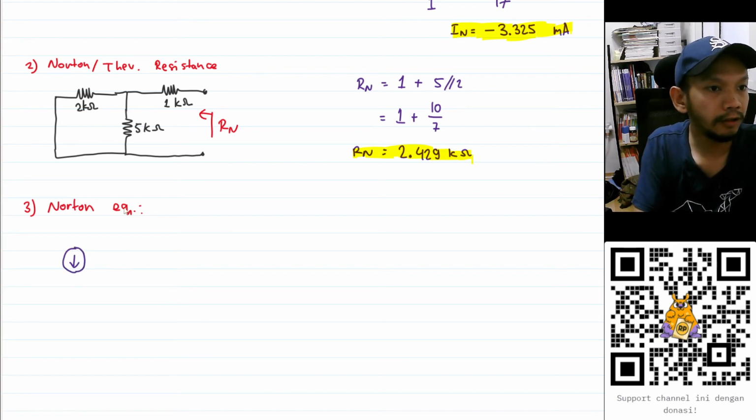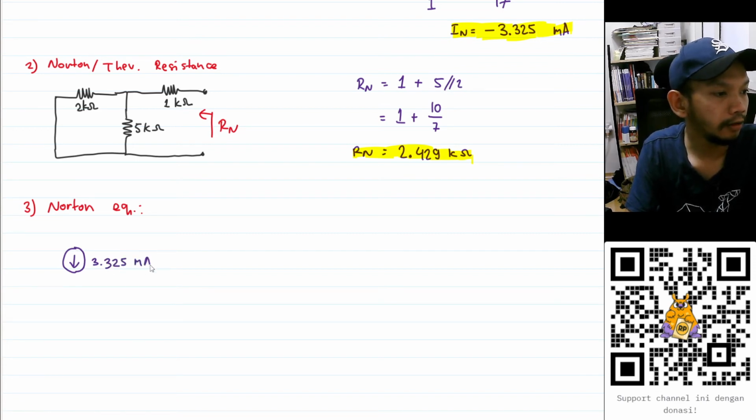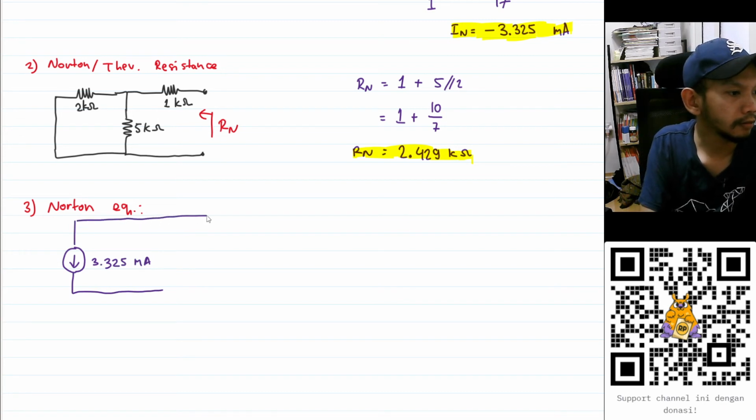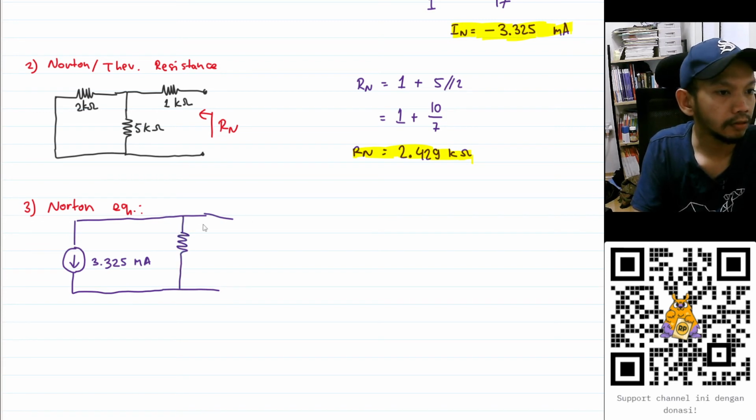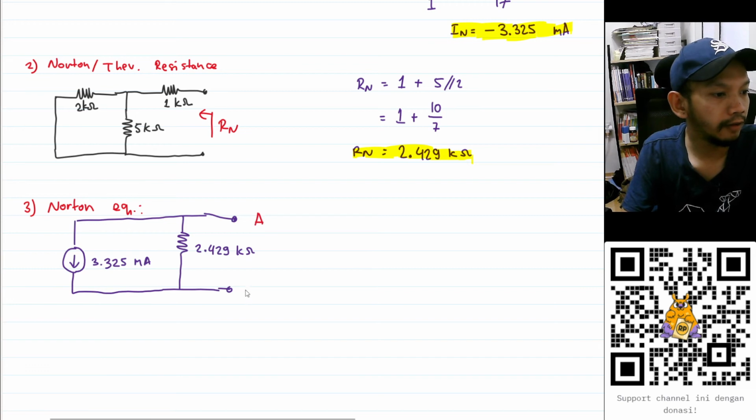So I will have 3.235 milliampere, in parallel with that resistor, which is 2.429 kilo ohm. Okay, so this is the Norton equivalent circuit.